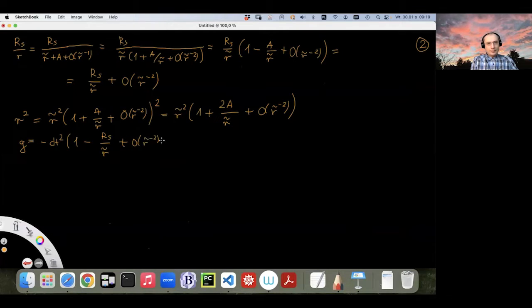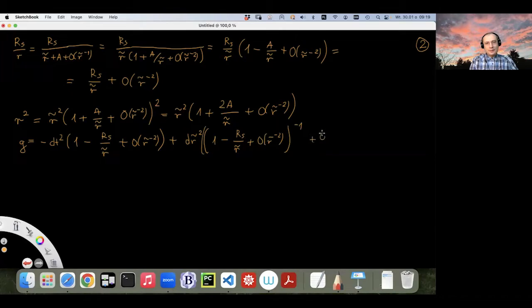We can keep them for the sake of bookkeeping. Then we've got dr bar squared times (1 minus rs over r bar plus this higher order term) to minus 1.